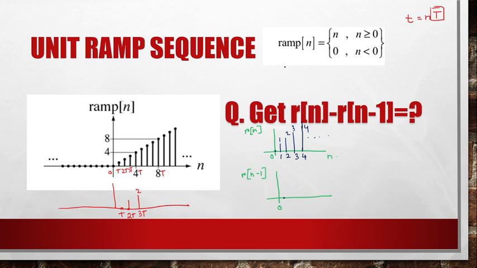The ramp Rn minus 1 will be equal to n for n greater than or equal to 1.